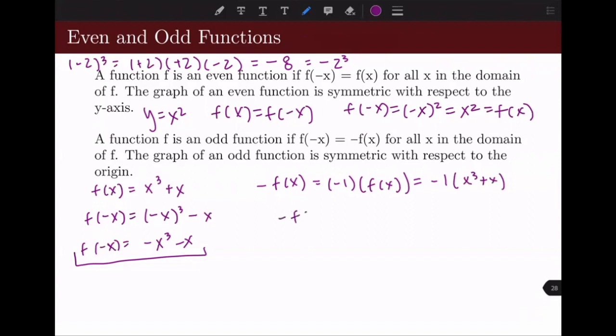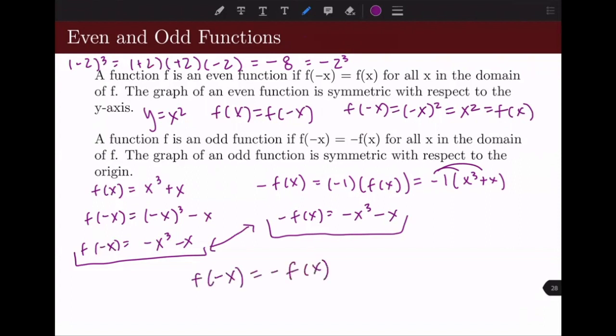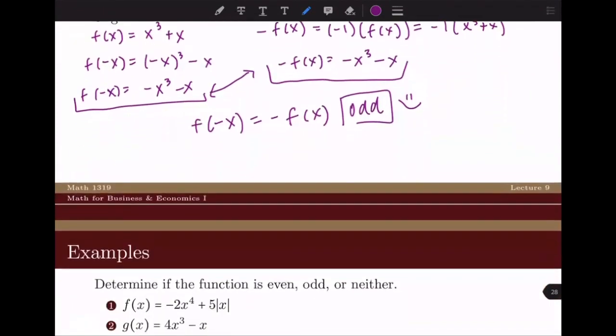So negative f of x is going to equal, once I distribute this, negative x cubed minus x. So we can see here that we get the same thing. So this means that f of negative x is equal to negative f of x, and that this function is an odd function. Cool? All right, let's keep going.